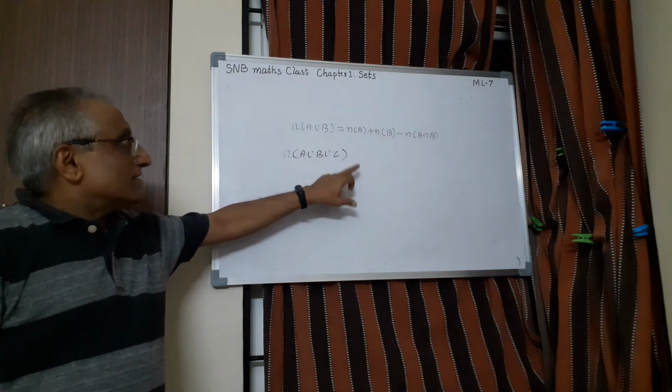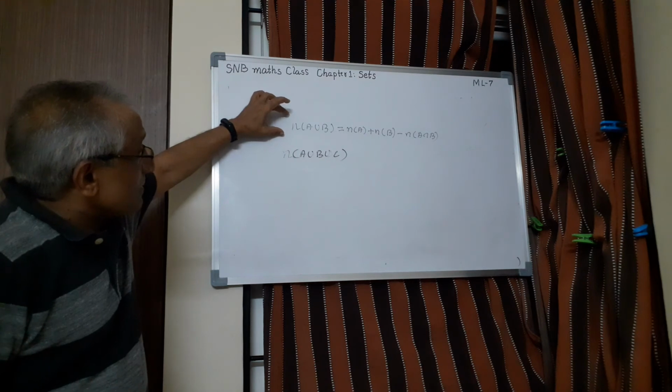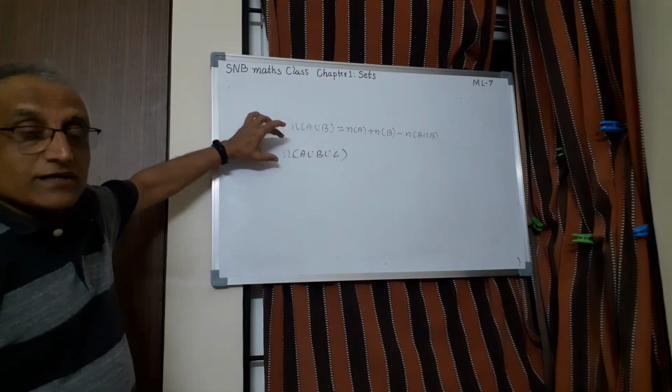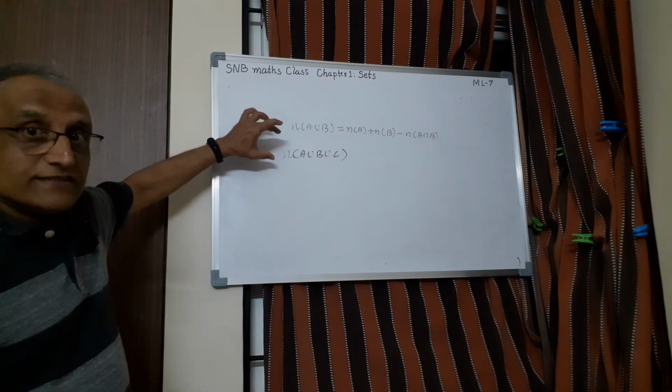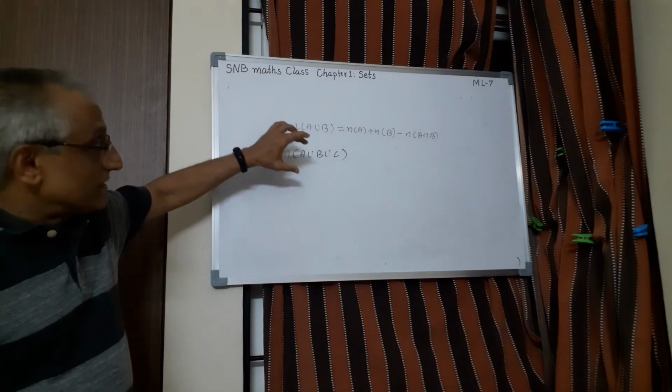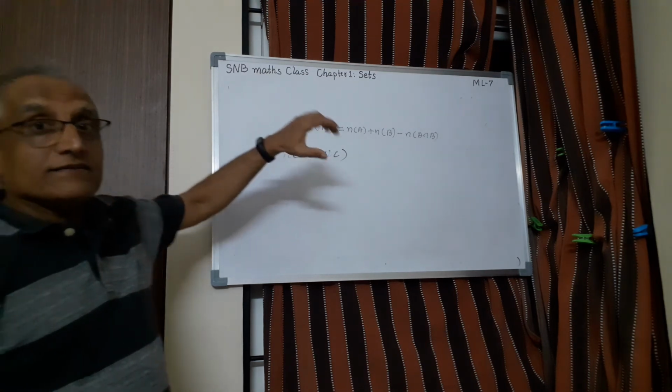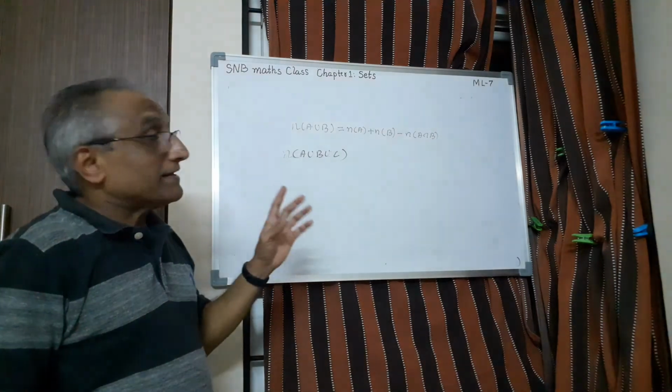So there is a formula. With the help of this formula, we can derive this. That we are going to do in the next class, and along with that, some examples related to this. This will be the last main lecture, that is ML8.